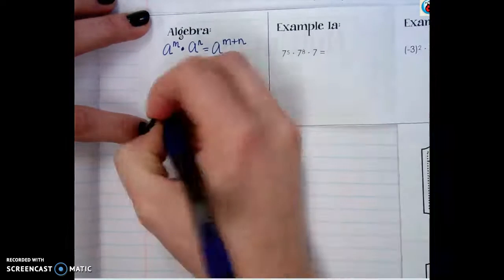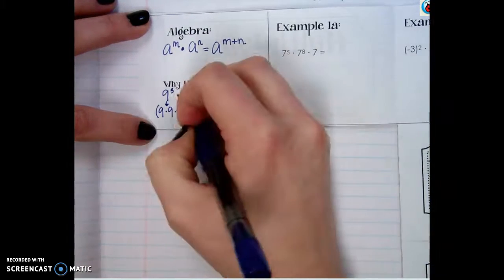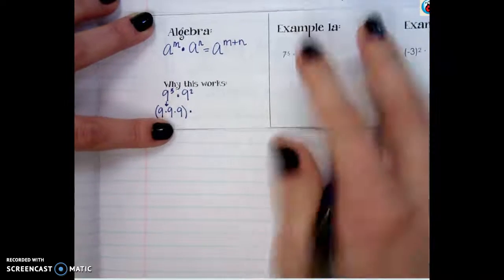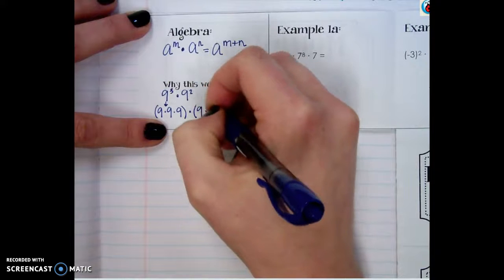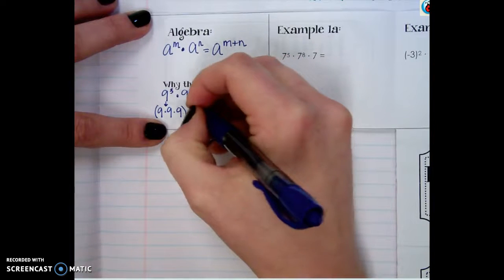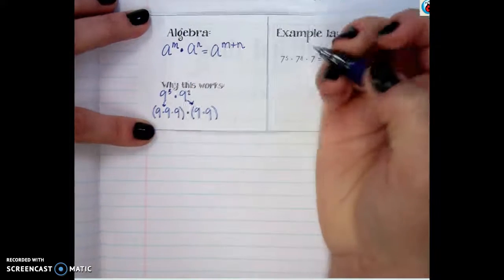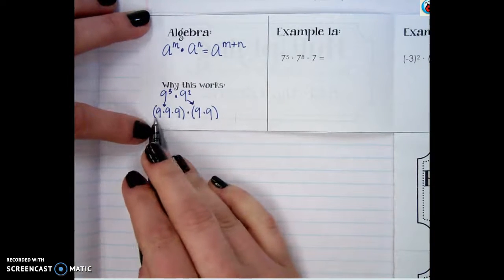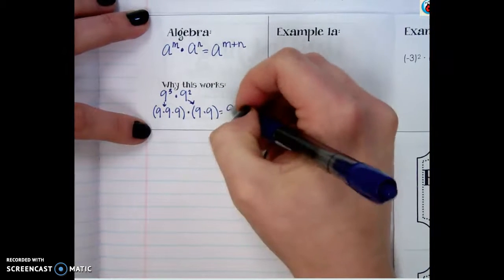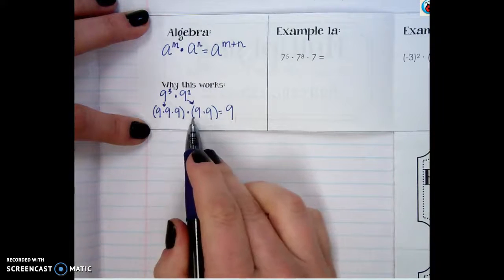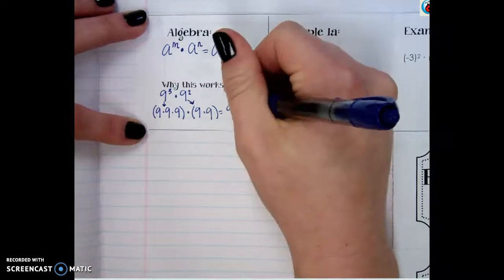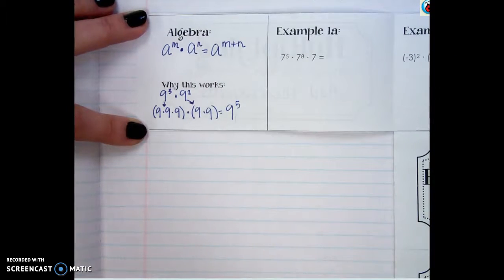That's that first little piece there. And we're going to multiply that then times that second portion, 9 times 9, because there's only 2 of them. Okay? Well, we have then 9, and how many times did we end up multiplying it? 1, 2, 3, 4, and 5. 9 to the 5th power.